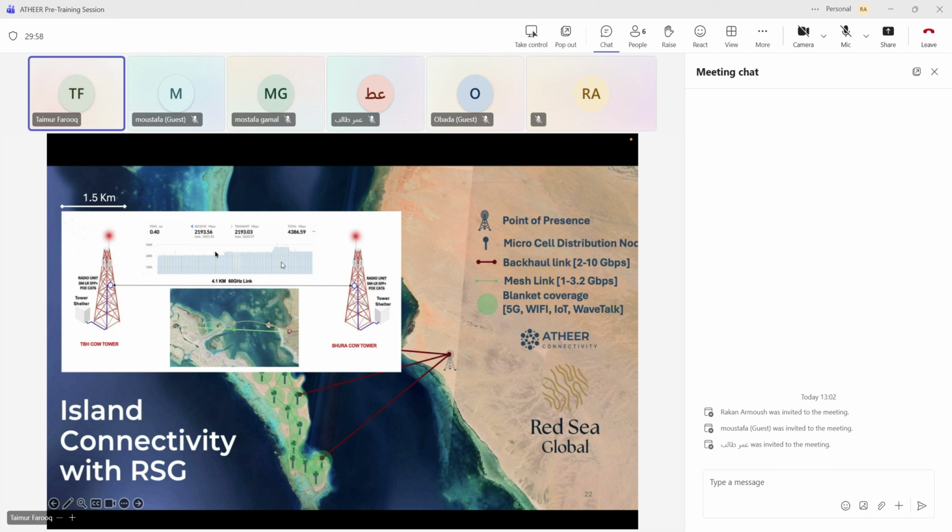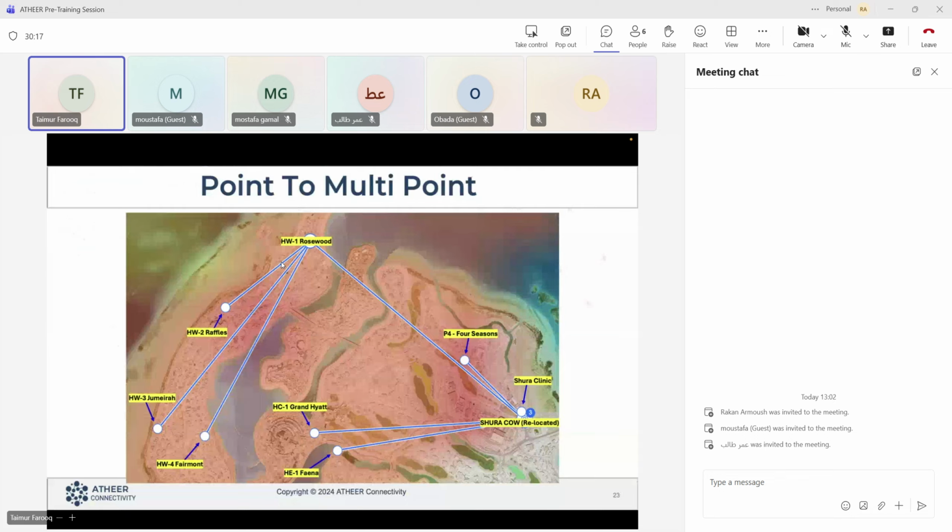Why? Because this is a TDD-based technology, not FDD, and it's a 4.1 kilometer link. Similarly, we have a tested link of 7.8 kilometers over the sea, also for Red Sea Global, which I should add to my slide deck. It shows you the reliability and capability of our technology.